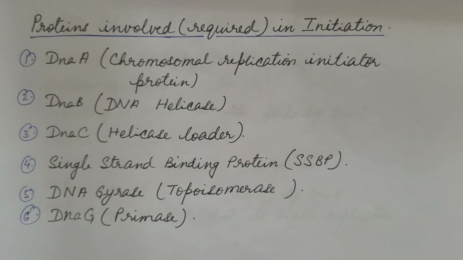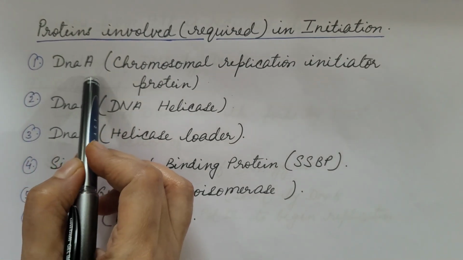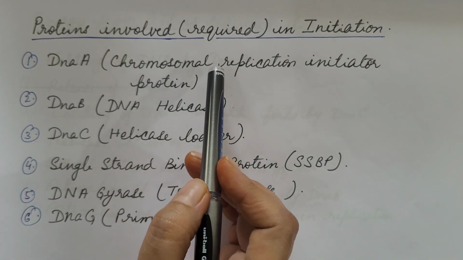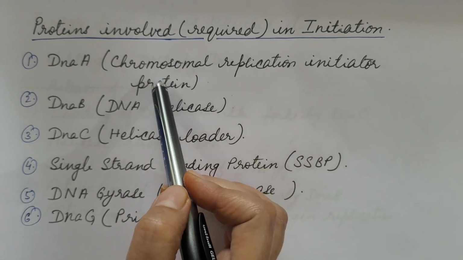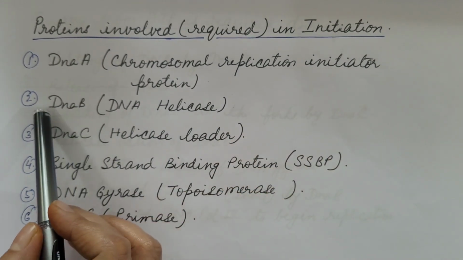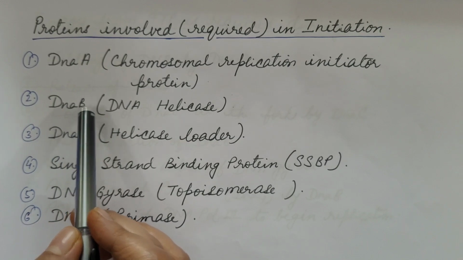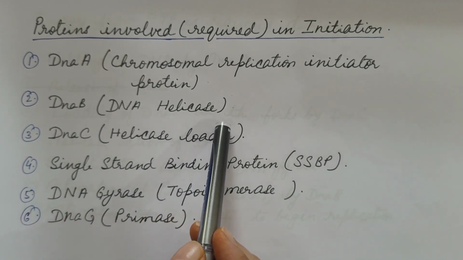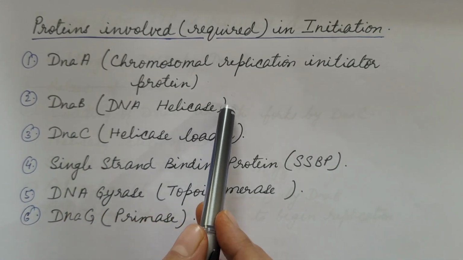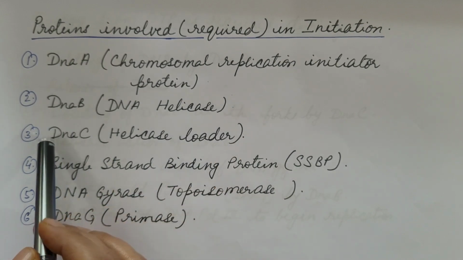So now let us see the proteins involved or required in initiation. First is DnaA, which is the chromosomal or DNA replication initiator protein. Second is DnaB, which is DNA helicase, which results in the separation of the two strands of the DNA.